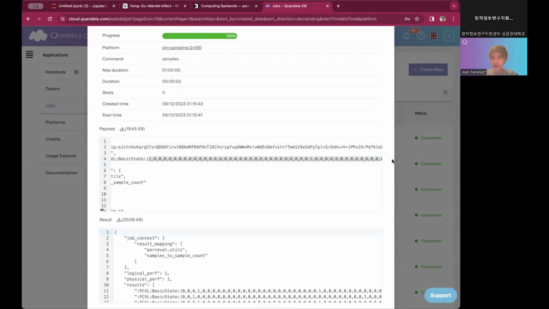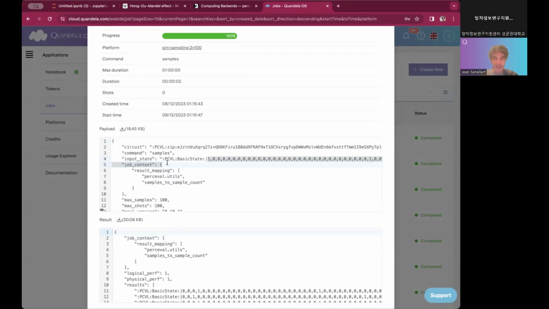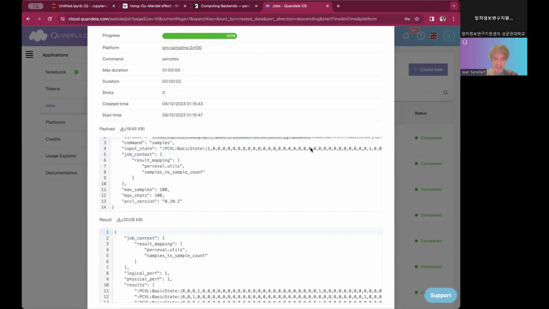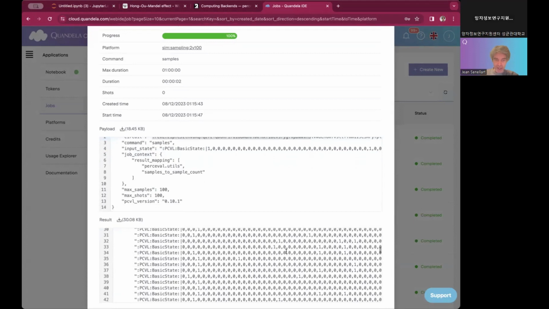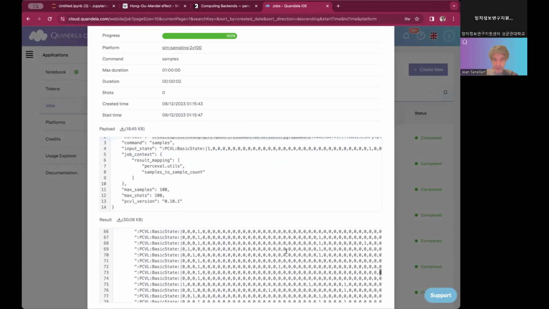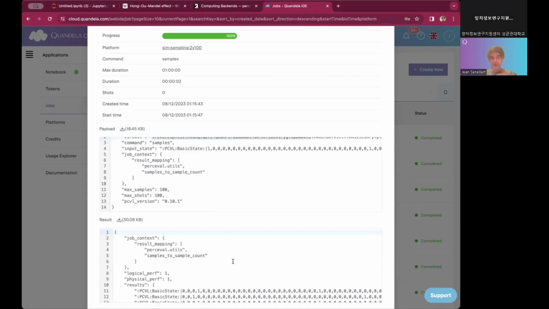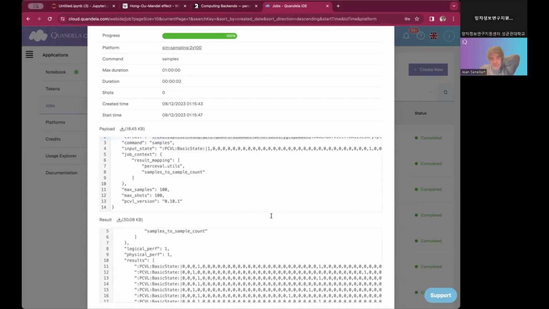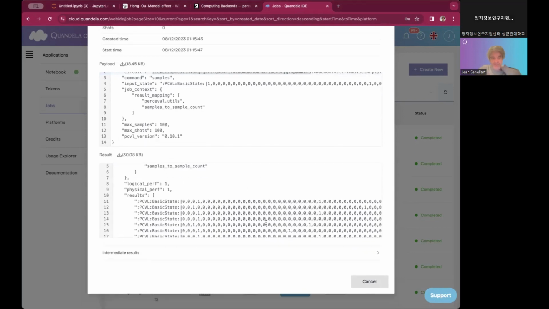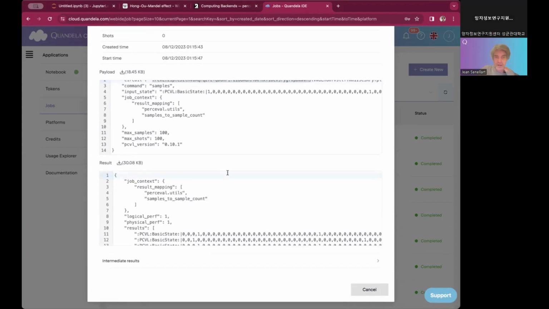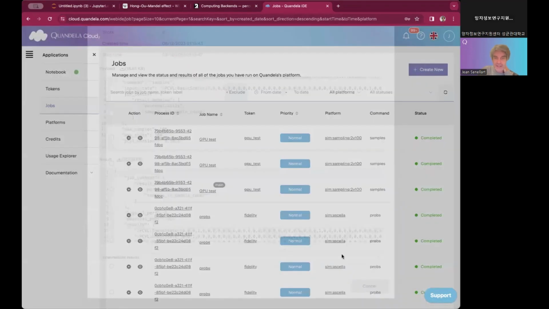Apparently it was a very large circuit, so you see my input state is very large. The circuit itself, I cannot see it, it is encoded here. Then I have my output with all the different samples that I requested. This is what my client receives at the end of the process.